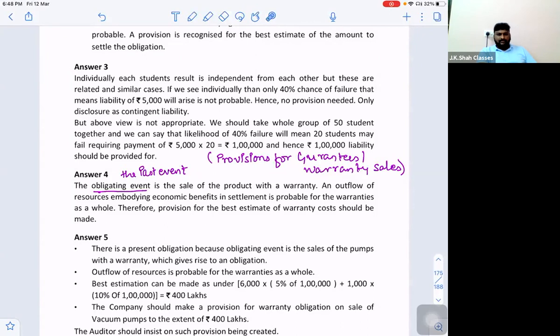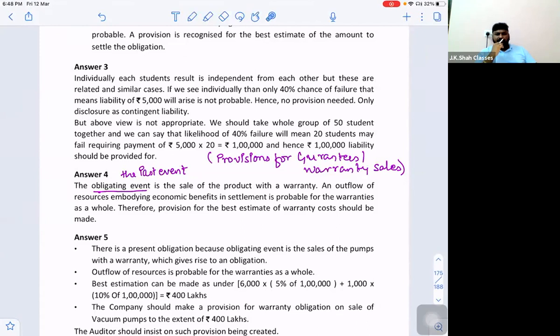Sir, I'm just interpreting what you are telling. This 60% probability of success means that 60% of total students will pass, and it doesn't mean that the success ratio of each student passing is 60%, right, sir?